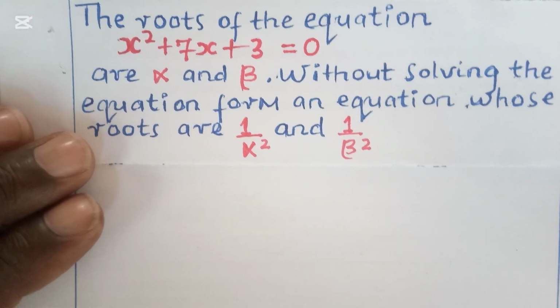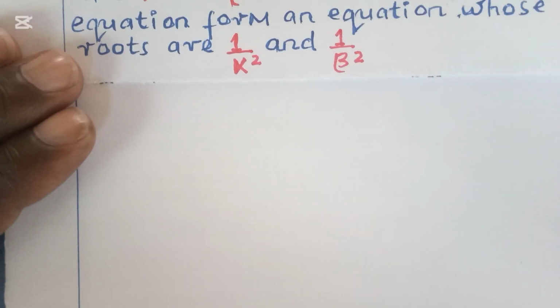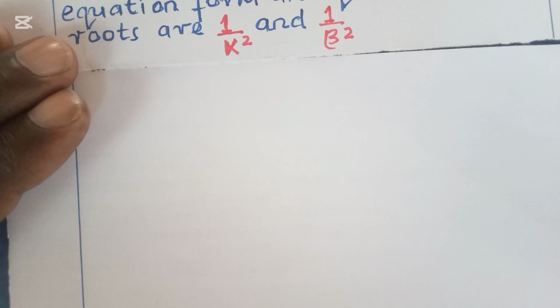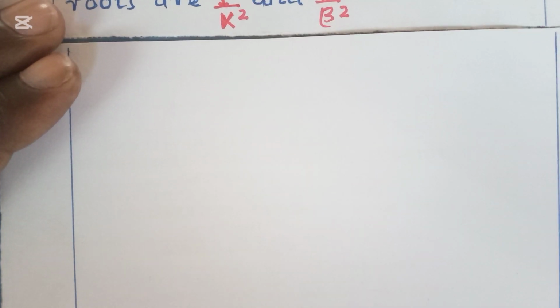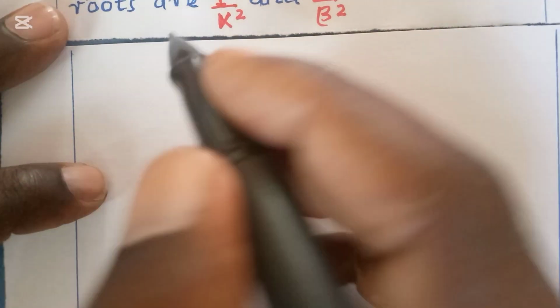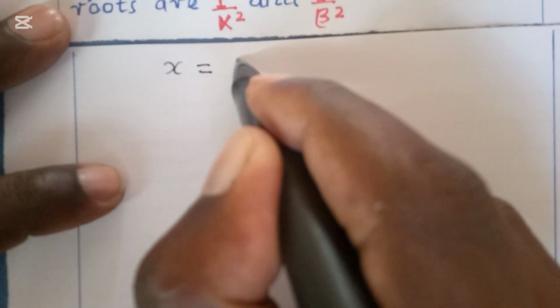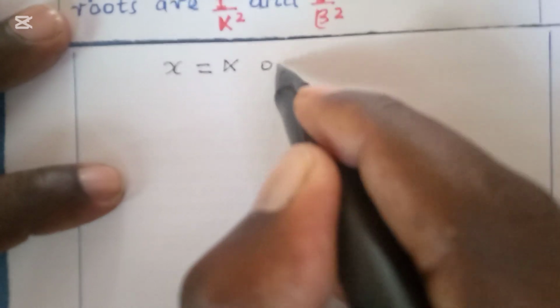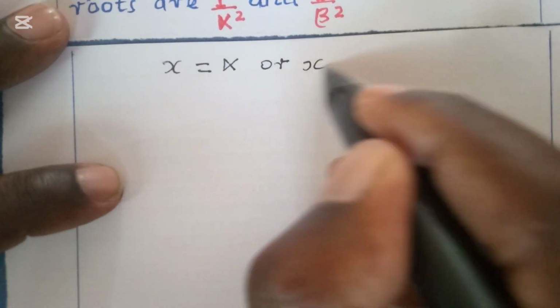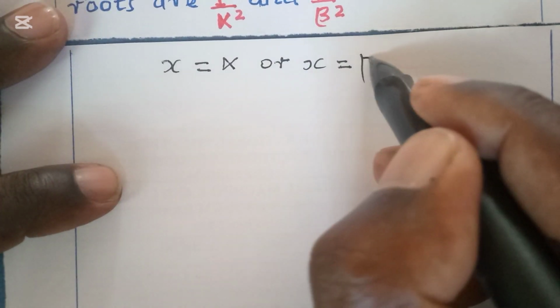So guys, we start this question, and this is how we are going to start it. I will say here x is equal to alpha, or x is equal to beta.